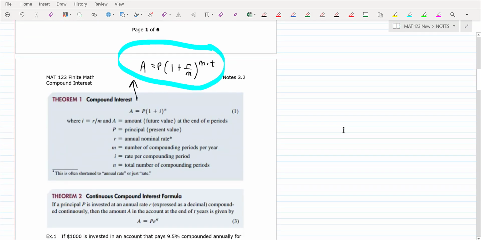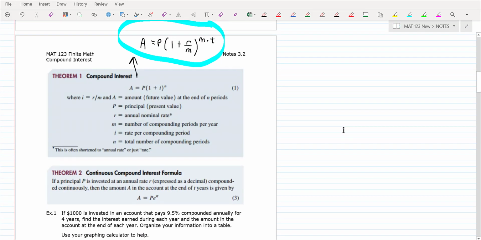I want you to go to the top of page 2. The way our book does this is we've already learned this compound interest formula. I would highly recommend everybody write down this formula that I've highlighted up here in blue, because you can use this format if you want to.